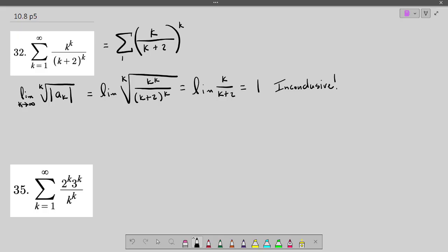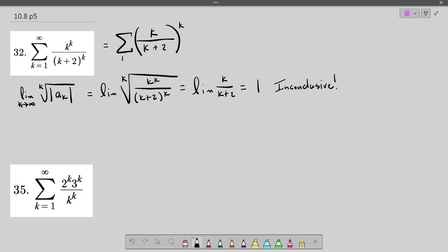Geometric is when the power changes but not the base. Right here is more of a power tower. Both are changing. This is the base of the exponential function. That's the exponent of the exponential function. Geometric, the exponent's changing but not the base. So it's not geometric. It's more like a power tower, where both the base and the exponent are changing.